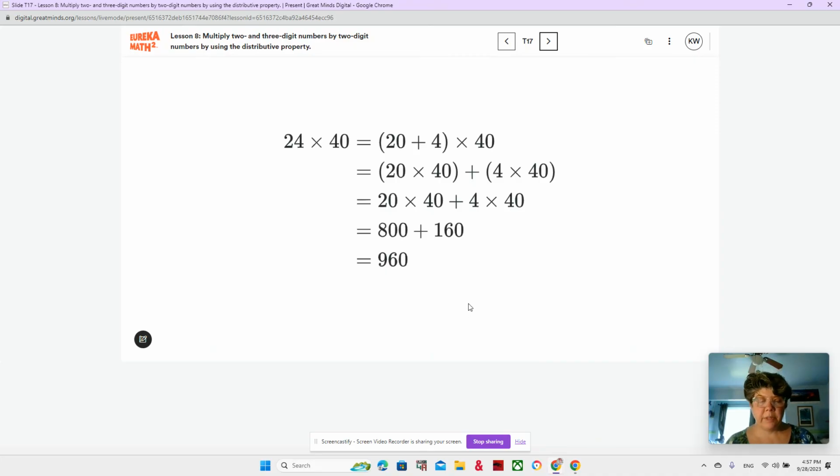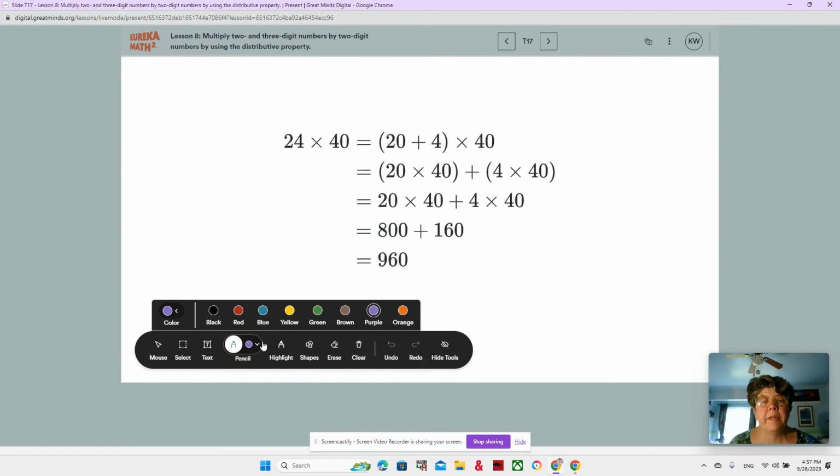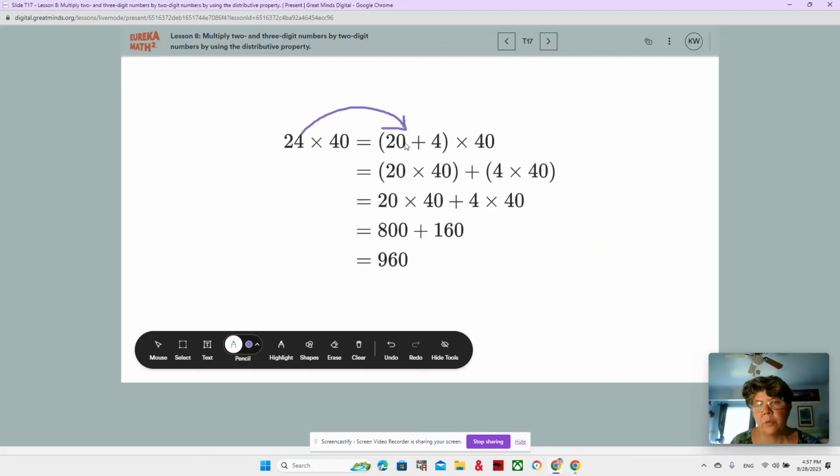Okay, so this one is called the break apart and distribute method. All right, so it's going to be similar, right? We take our 24, we break it into 20 plus 4 times 40. Then we're going to take our 40 and multiply it by both parts.